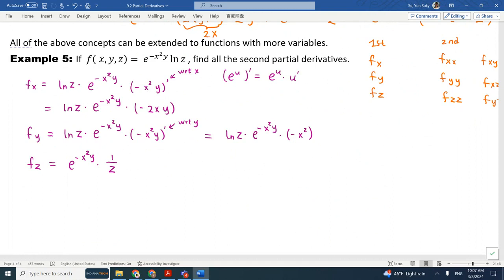If your partial f partial y, when you plug in that point, is negative, it means if you're going along the positive y direction, your function value is decreasing. That is what it means. Okay?